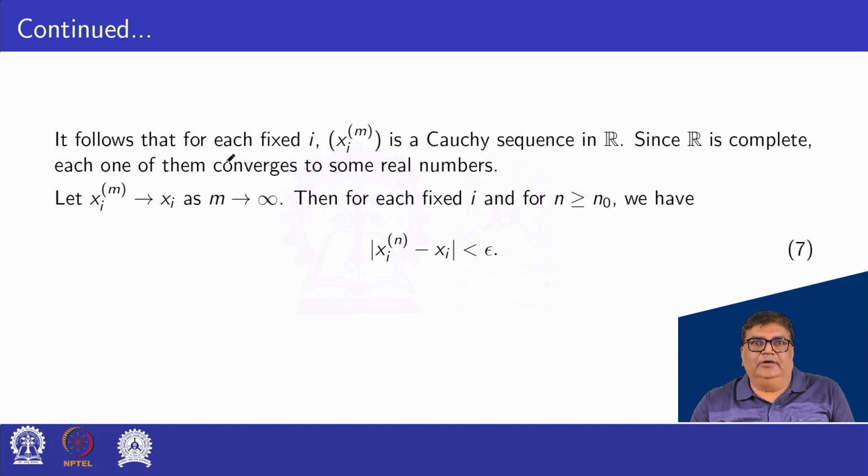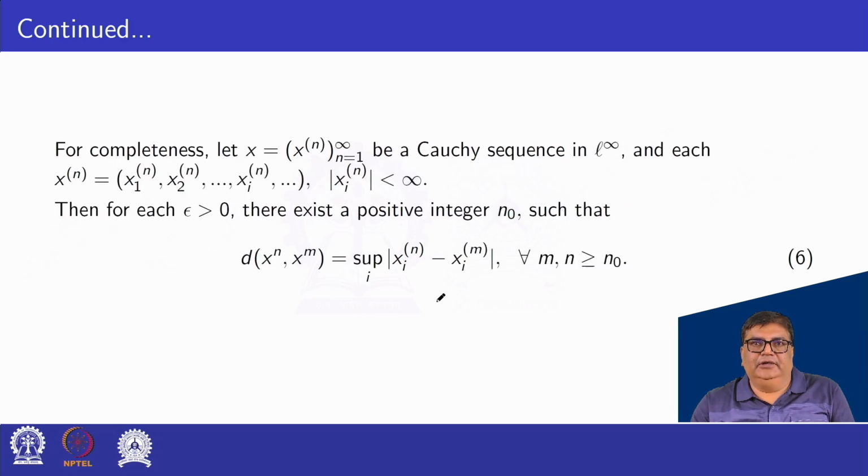It follows that for each fixed i, x_mi is a Cauchy sequence in R. Here i is fixed, i equal to 1 to infinity. So for all i, individually, mod x_ni minus x_mi is less than epsilon.